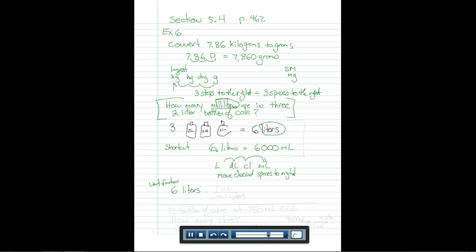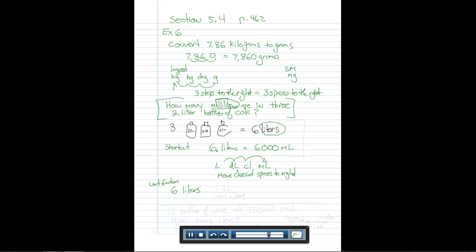But one student noticed that on your conversion sheet, it says that 1 milliliter is 0.001 liters. Okay. There's also another conversion up higher that you could use as well. But they said, hey, what about that one?